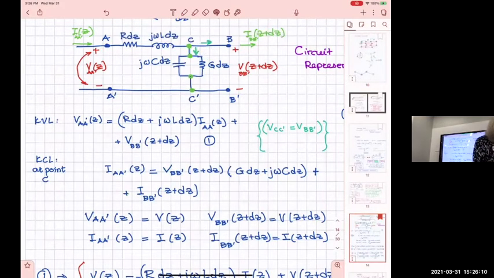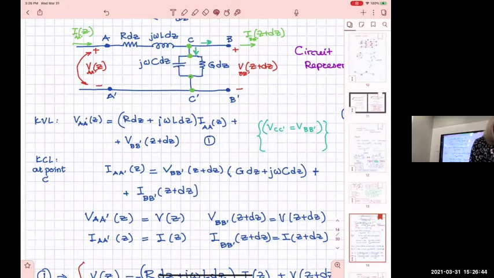So at that node, I_AA prime of z, which flows through this and arrives here, is equal to this current that flows out of C towards B, which is I_BB prime at z plus dz, plus the current that flows down through the parallel combination of G dz and j omega C dz.